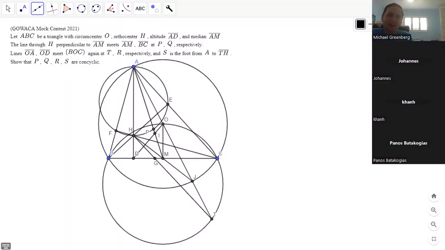My brain is not working. Let's see. So OM is half of AH. So let's try that.